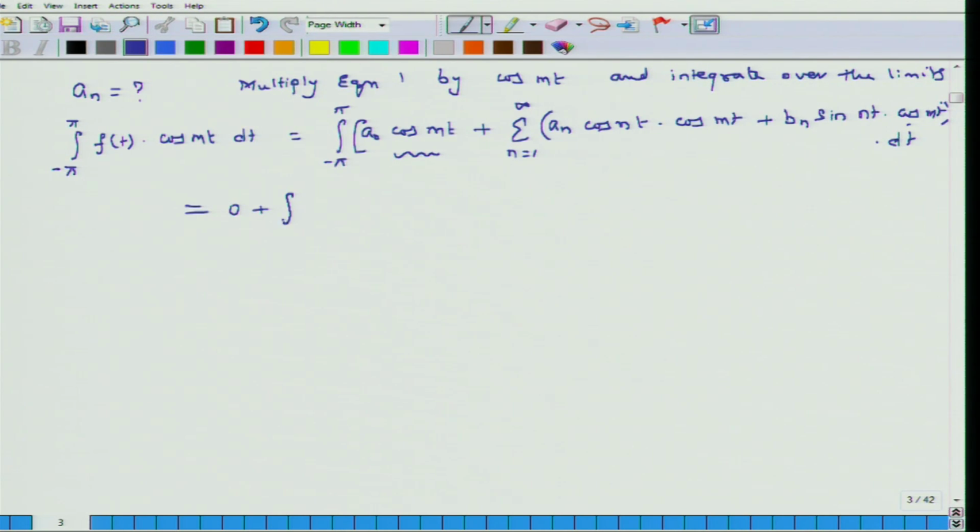And then I integrate, I separate these two terms. And an, now this is cosine nt times cosine mt, and cosine a times cosine b is cosine a plus b, the whole thing divided by 2, plus cosine a minus b, the whole thing divided by 2.